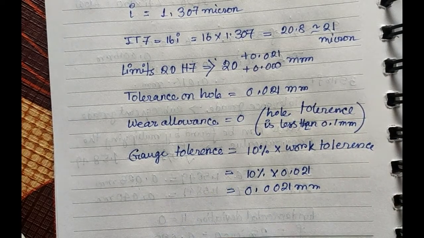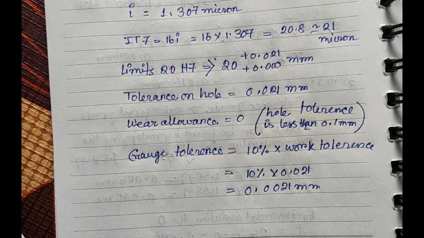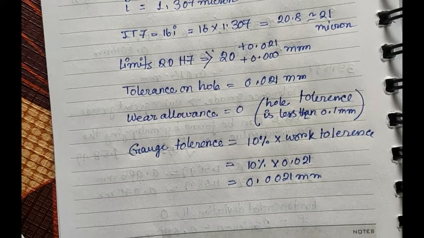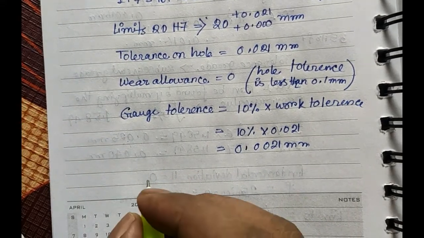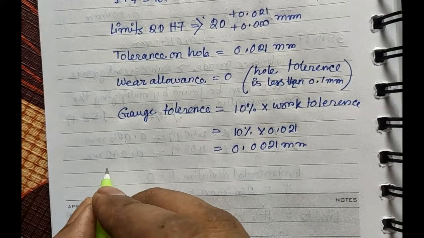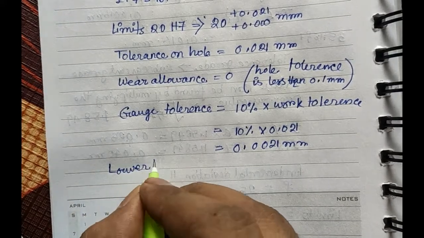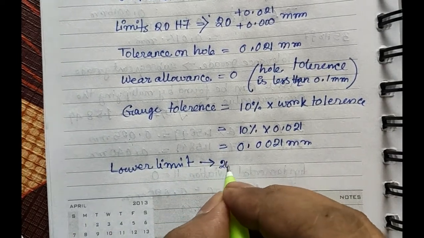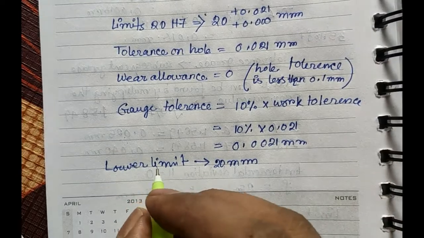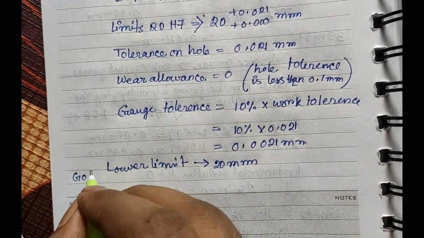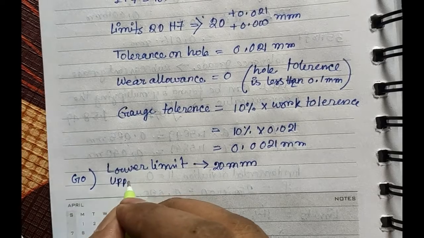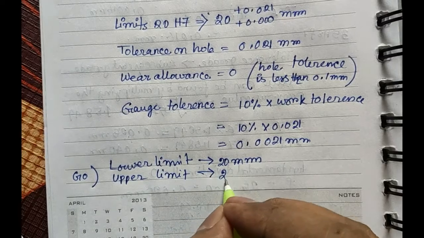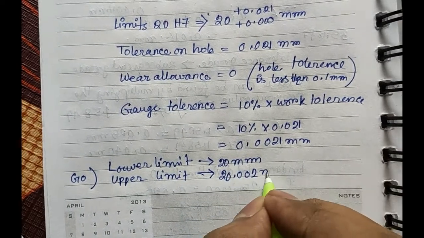So taking gauge tolerance as 10%, the disposition of the gauge tolerance with respect to work tolerance will be such that, for the go gauge, the lower limit will be 20 mm and the upper limit will be 20.002 mm.